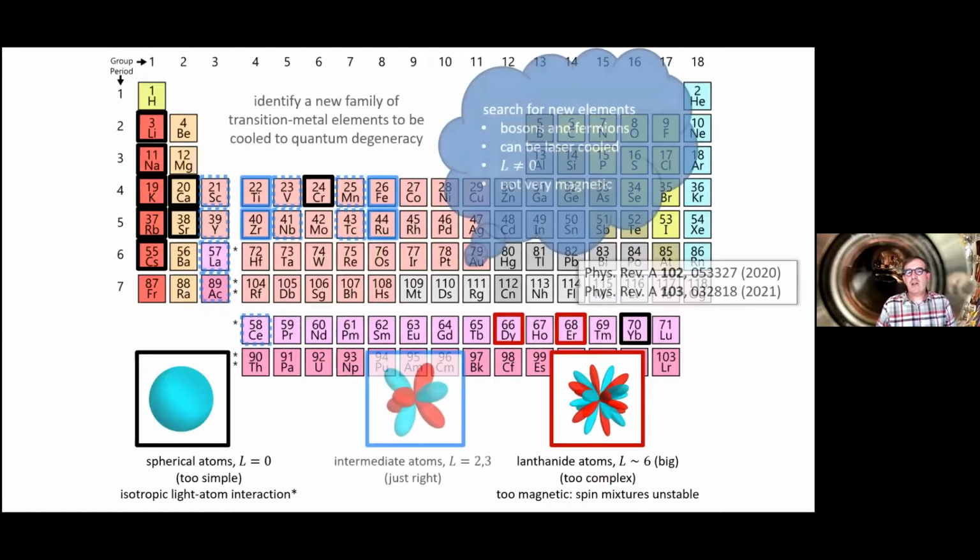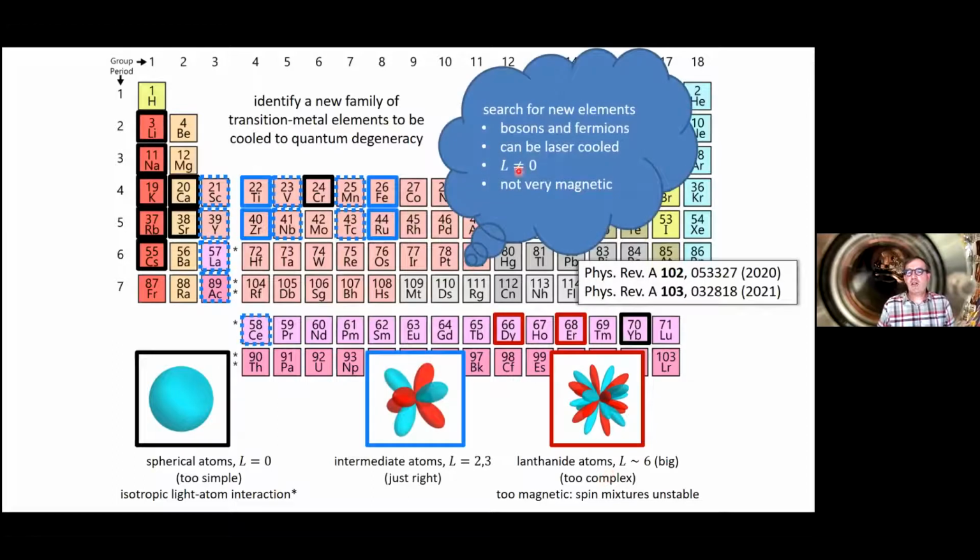So we looked at the periodic table and wondered whether there are other atoms that people haven't looked at yet, which both have the property of being anisotropic because they have orbital angular momentum in their ground state, but that also would be not very magnetic. And we came up with something like a dozen different transition metal elements that had not previously been recognized as candidates for laser cooling.